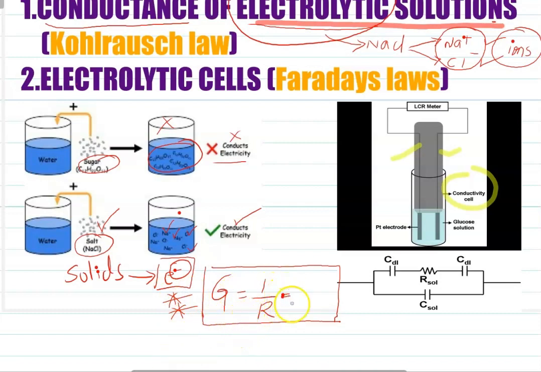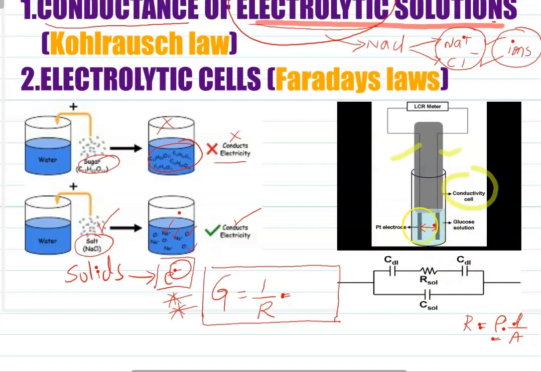Resistance is equal to rho into L by A. If you remember, in the previous classes you might have studied, rho is called resistivity, L is the length between the electrodes, and A is the area of cross section between these two electrodes.